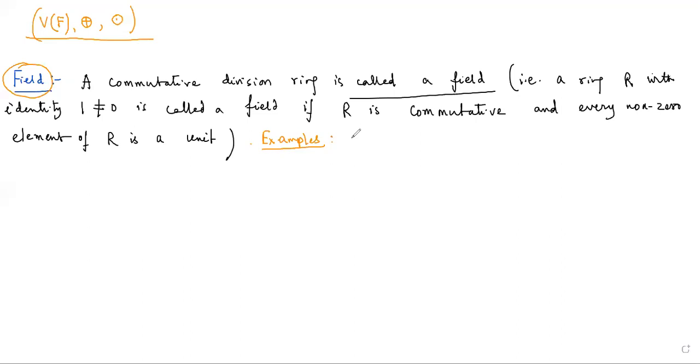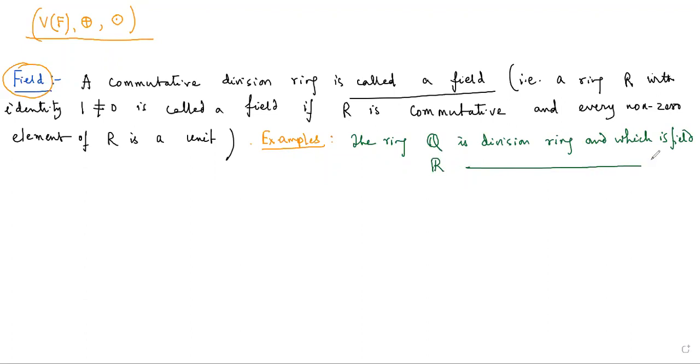We can consider the ring of rational numbers, which is a division ring and is also a field. The set of real numbers is a division ring and is also a field. The set of complex numbers is a division ring and is also a field.